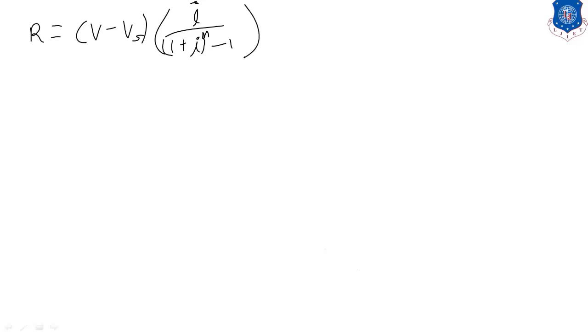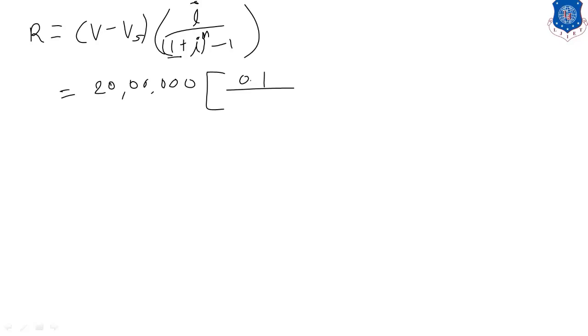Now let's calculate the annual depreciation, represented by R, which is given by (V minus Vs) whole multiplied by I upon (1 plus I) whole raised to n minus 1. V minus Vs is 24 minus 4, which becomes 20 lakhs. In the bracket, the rate of depreciation is 10%, so it becomes 0.1.